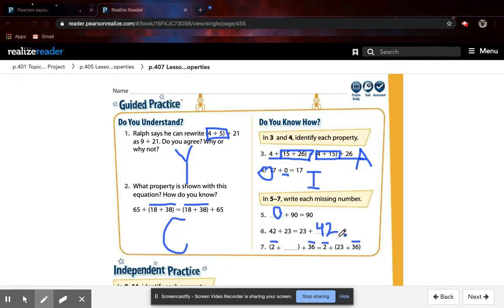Now, I still have a 23 left on this side, so that tells me right there that I need to have a 23 on the other side, just to make them equal. And the only thing that's changing is the grouping of the numbers, because they still are in the same exact order.